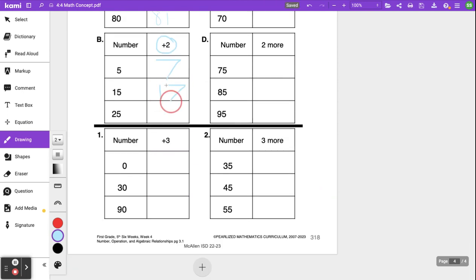17. You see a pattern? 2 plus 5 is 7. 15 plus 2 is 17. So what do you think 25 plus 2 is going to be? Yes, 27.